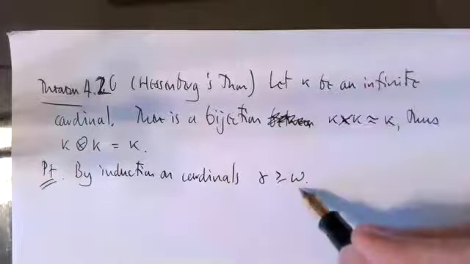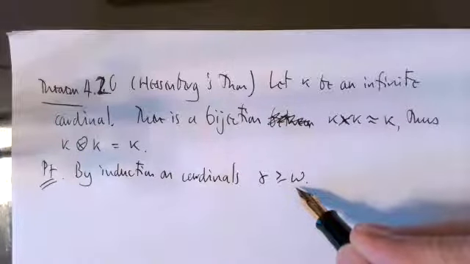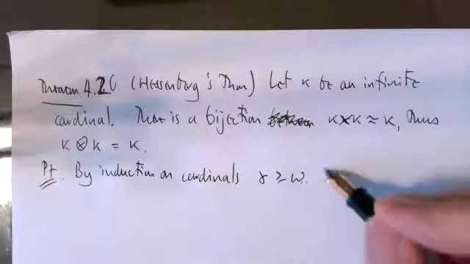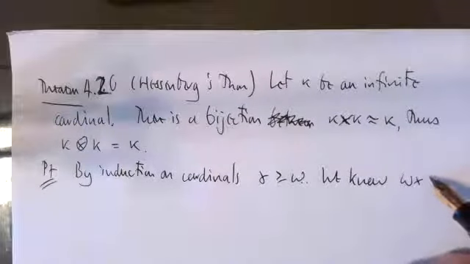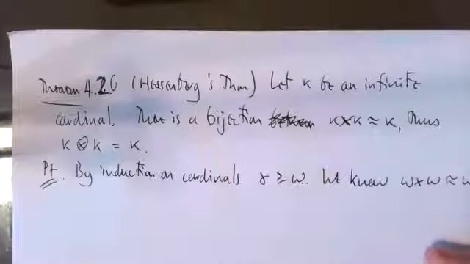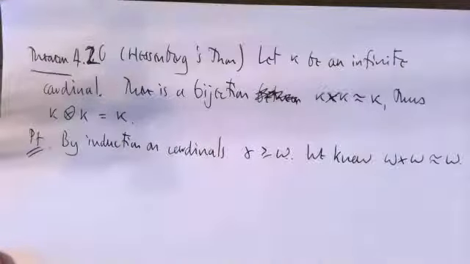We're interested in infinite cardinals. We've already seen that omega cross omega is bijective with omega. So that's our starting point here.